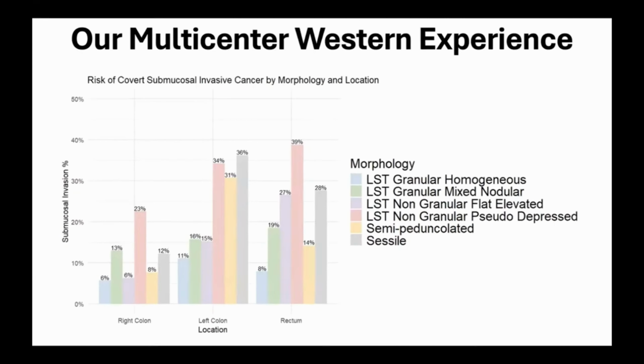The sessile, from 12 to 36%, and the LSD granular mixed nodular have a risk that goes from 13% to 90%. But even the granular homogeneous type, which was reported as very low risk, has a risk that goes from 6% to 11% of deep submucosal invasion.